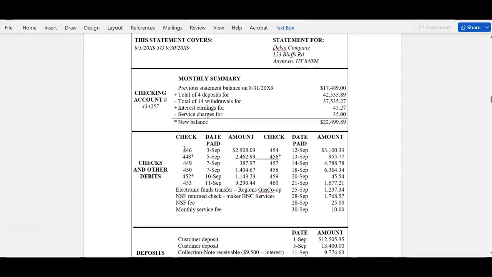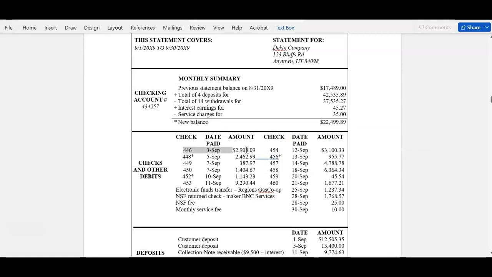So any check that is cleared here, you see 446, 2009-08-79, you can use a highlighter if you like, or just use a pencil if you like. So either highlight this whole thing, right? Highlight it here, like that, for example.